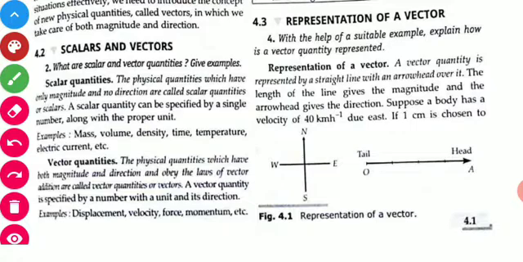For example, distance has only magnitude. Likewise, speed has only magnitude. But velocity and displacement have magnitude and also direction. So that's why these are called vector quantities. Scalars have only magnitude, but vectors have magnitude as well as direction.